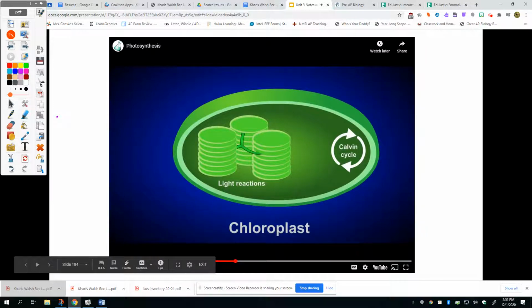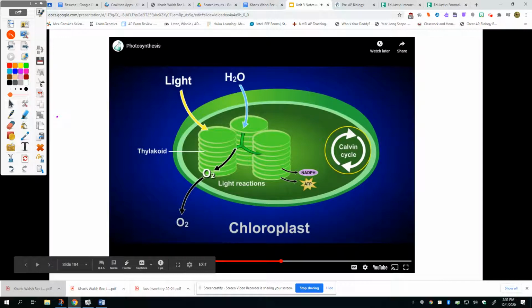Both steps occur within the chloroplast. The light reactions occur within the thylakoid of the chloroplast. Here, special pigments absorb light energy and transfer it to high-energy electrons, which ultimately produce ATP and the electron carrier NADPH. Water is also split to replace the high-energy electrons. In the process, oxygen gas is released.